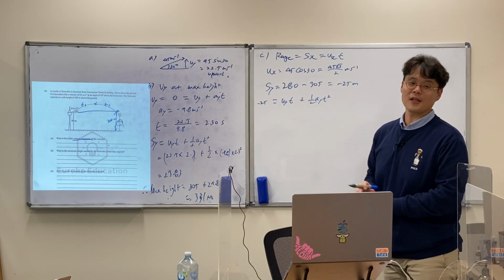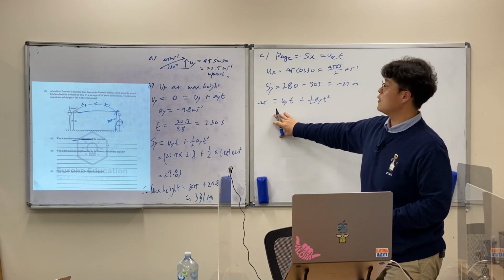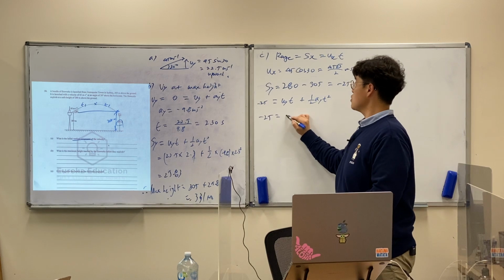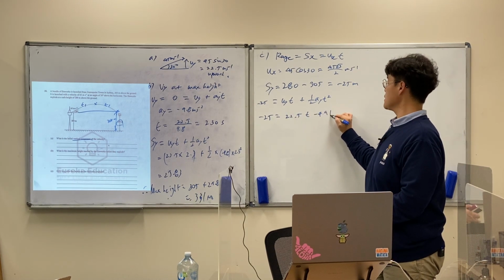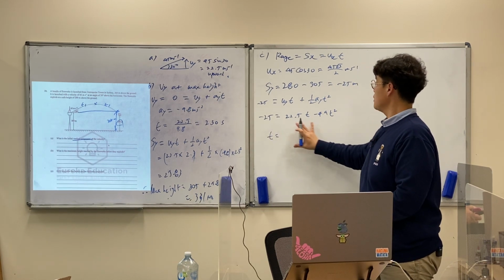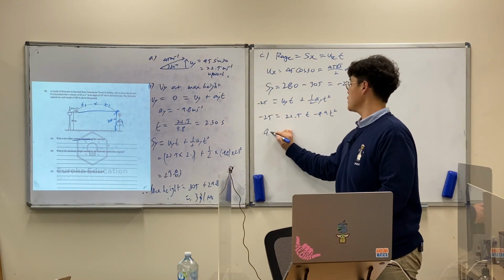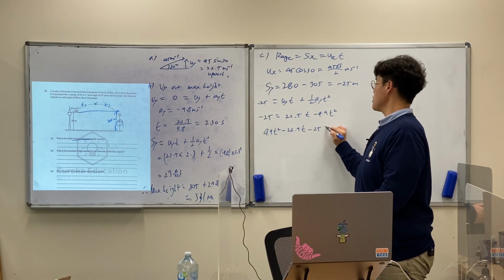It can't be a 2 marks question, most likely a typo. Anyway, let's do this. uy is given as 22.5, so minus 25 equals 22.5 t plus half times minus 9.8, which is minus 4.9 t squared. Let's move that over: 4.9 t squared minus 22.5 t minus 25 equals 0.